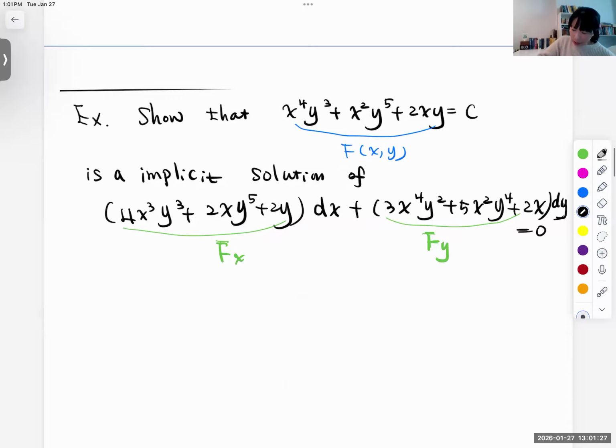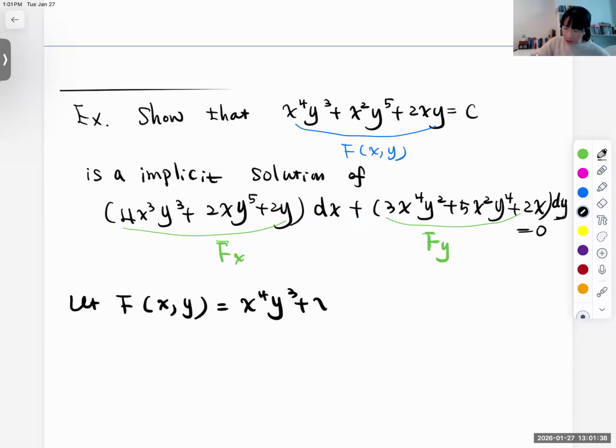So let the function f of x and y equal x to the fourth power y to the third plus x squared y to the fifth plus 2xy.